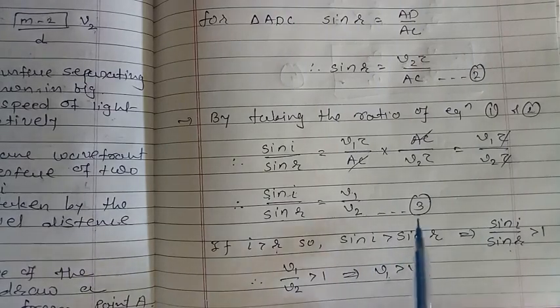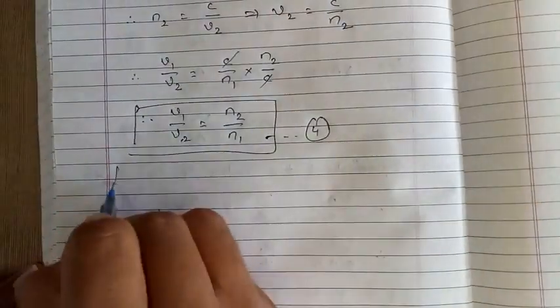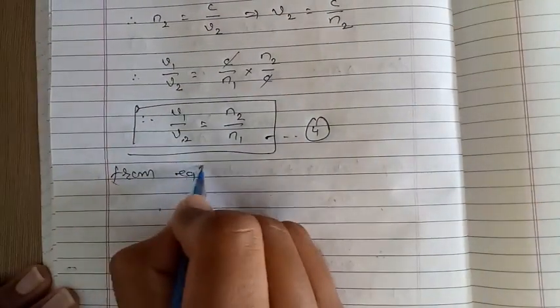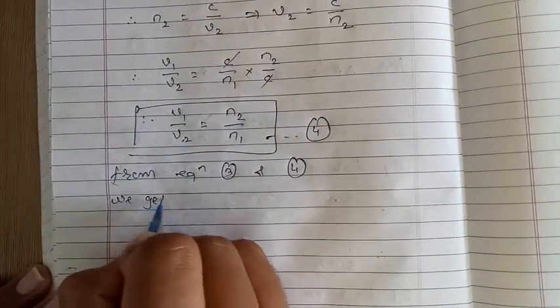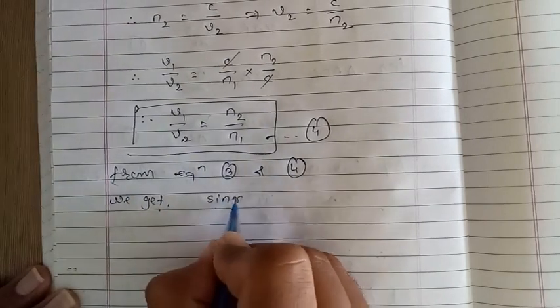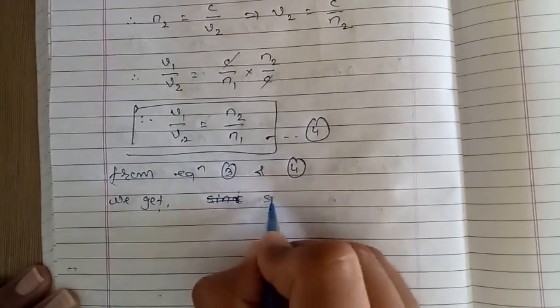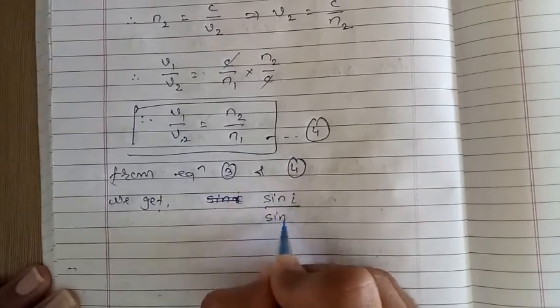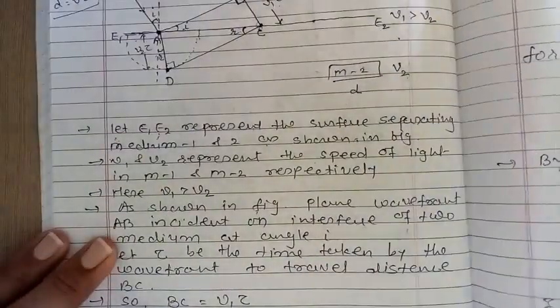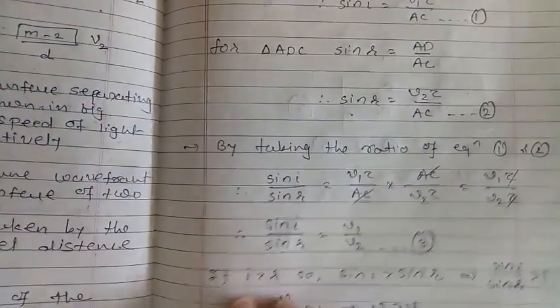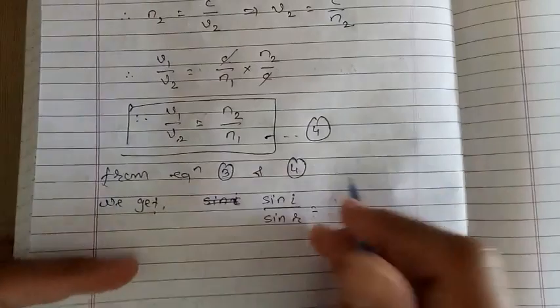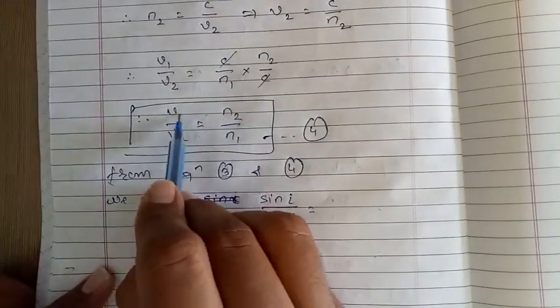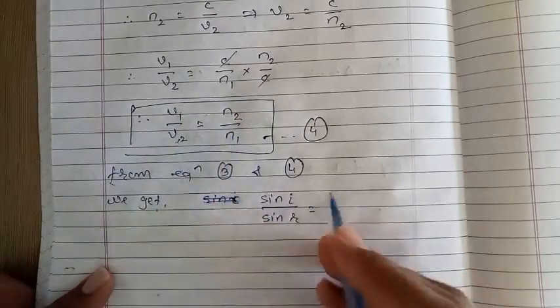So from equation 3 and 4 we get sin I upon sin R is equal to V1 upon V2, and the value of V1 upon V2 is n2 upon n1.